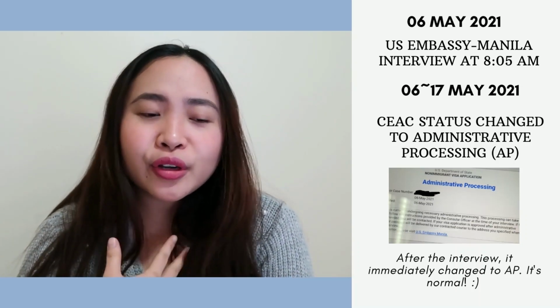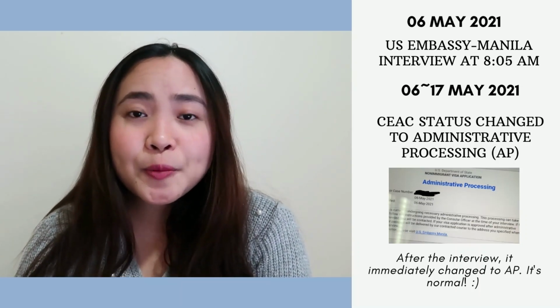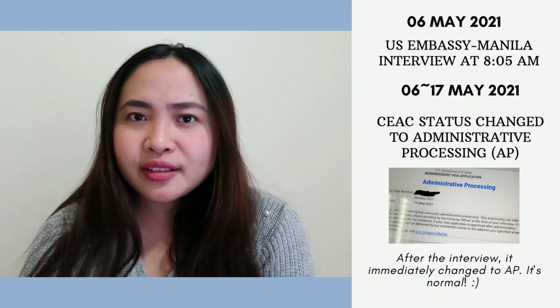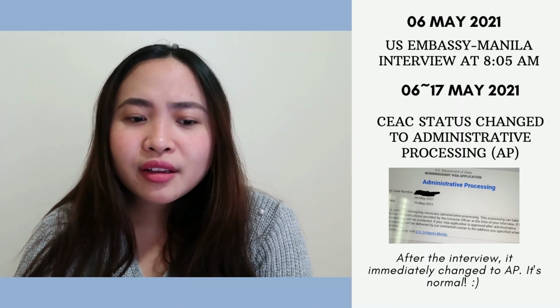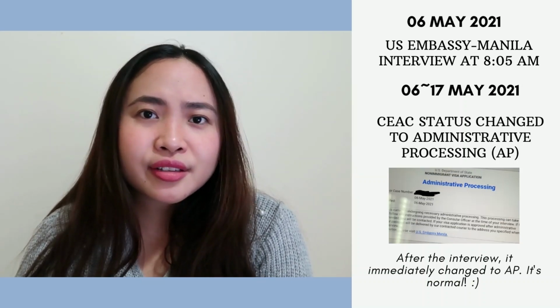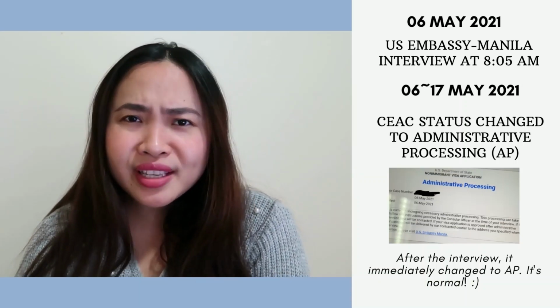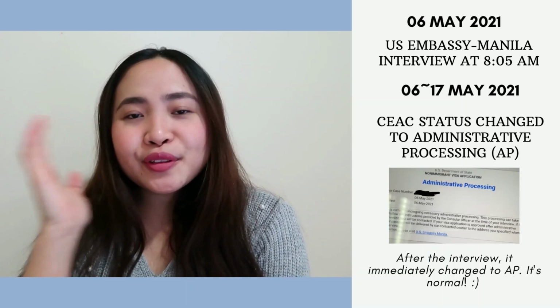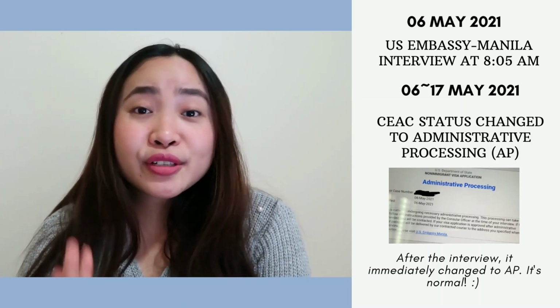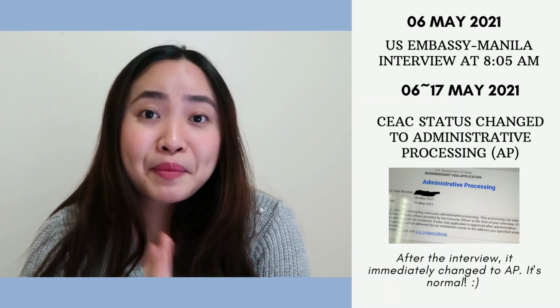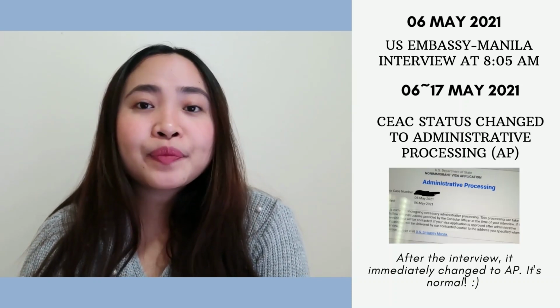At first, I got a bit scared, wondering if there was something wrong. But no, because they did not tell me anything. They just told me to wait until my visa arrived. So I put that in my mind because it took some time for me. That was from May 6 to May 17.